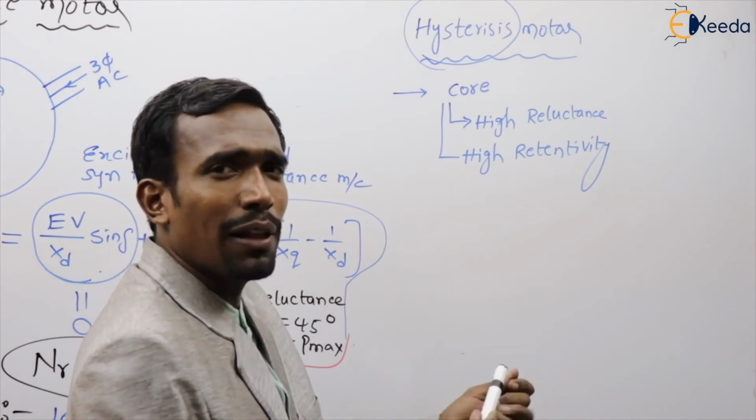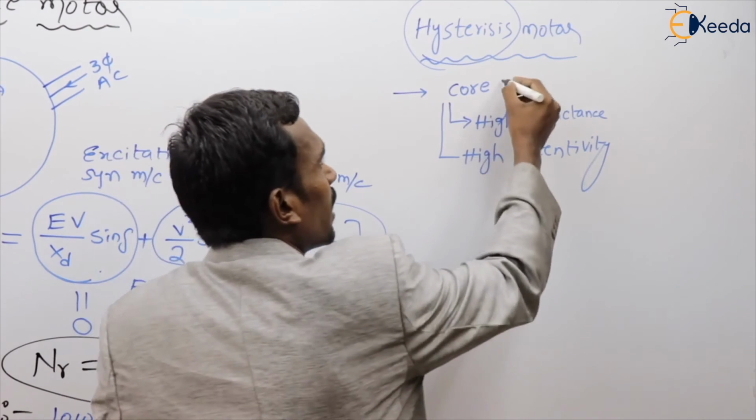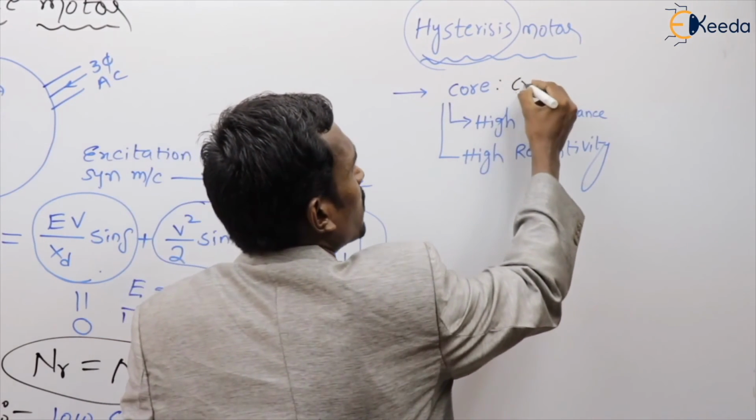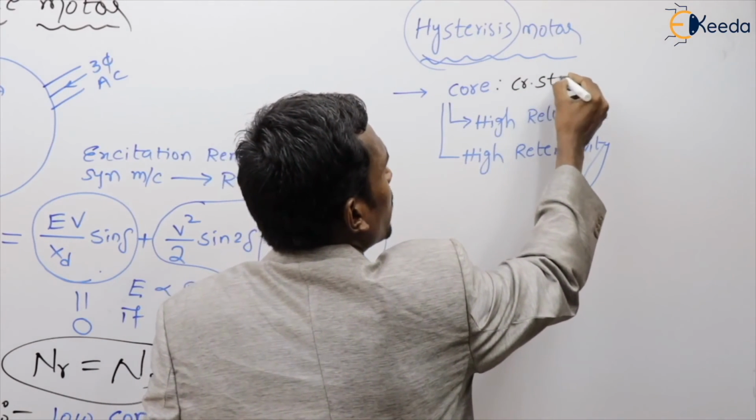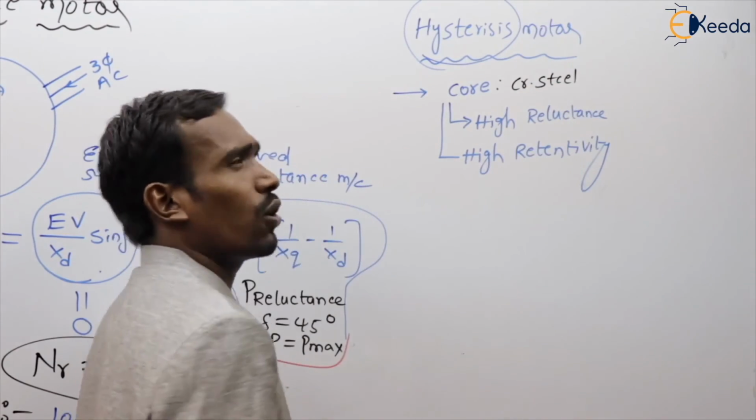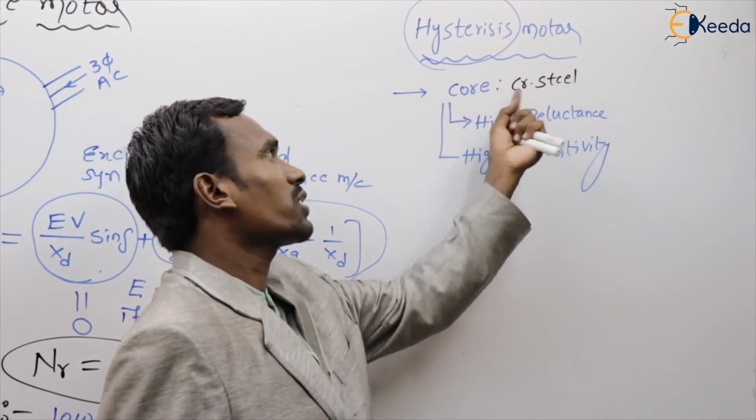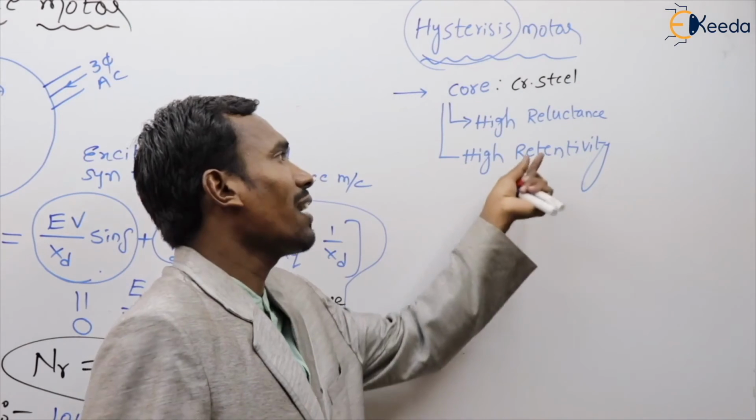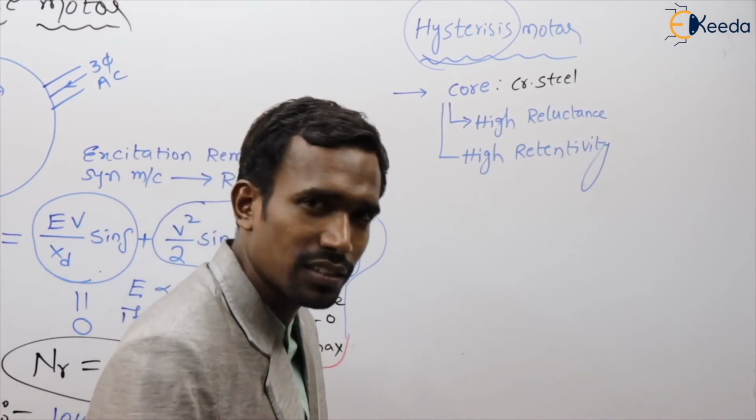What is an example of that material? Generally chromium steel is used for this core, which has high retentivity and high reluctance.